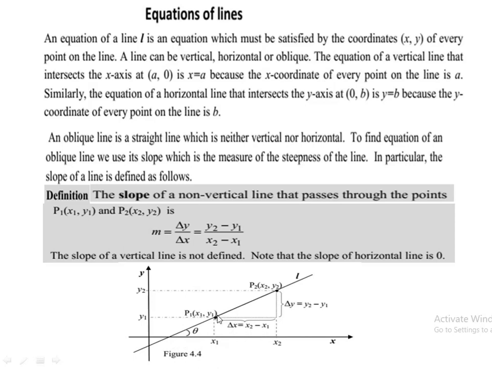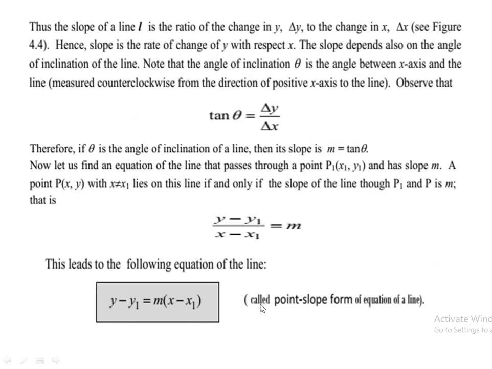So tan theta is equal to change in y over change in x, that means (y2 minus y1) over (x2 minus x1). This is the slope. Therefore slope is the same as tan of the angle of inclination. That means m is equal to tan theta.